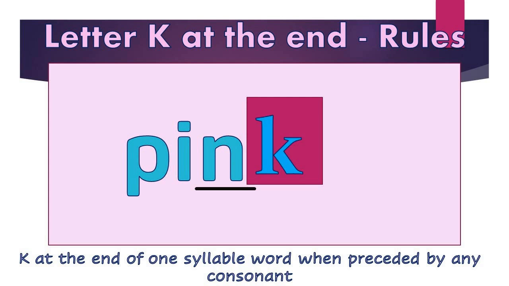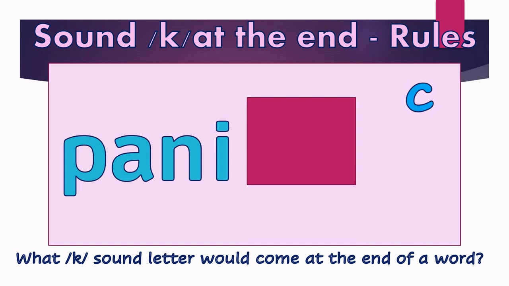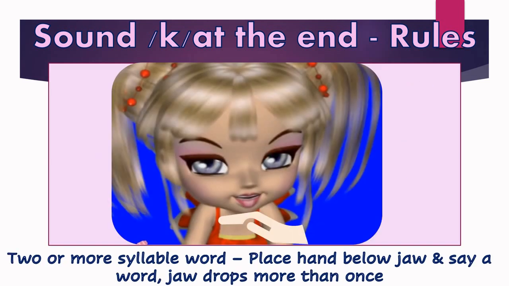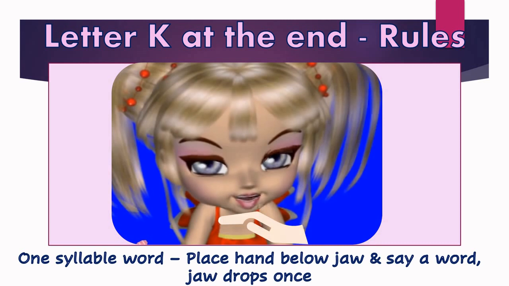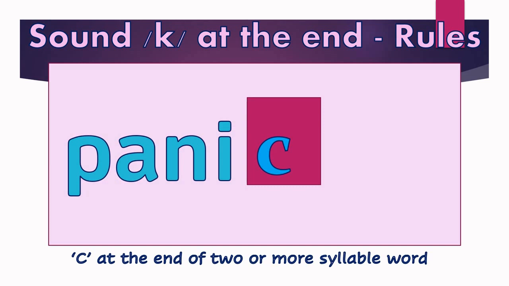Now take another example. Panic. K at the end. So to find what letter K would come here, let's check the syllable of the word first. So place your hand below your jaw and say panic. How many times did you feel your jaw drop down? 2 means panic has 2 syllables.